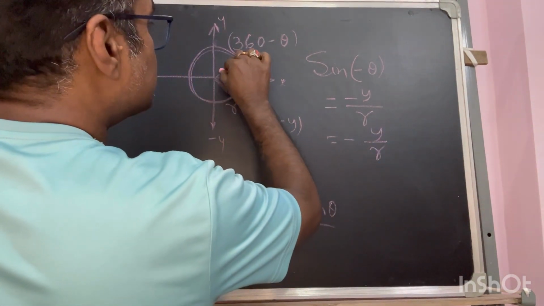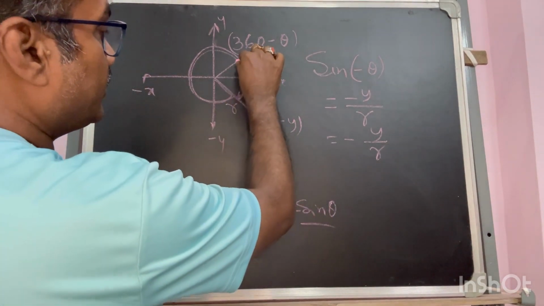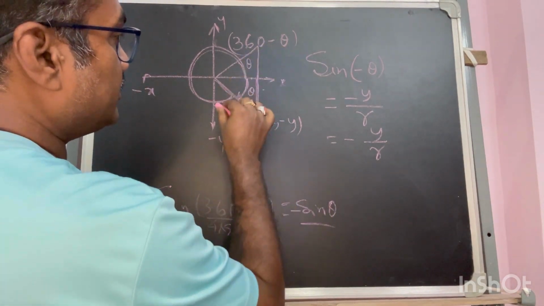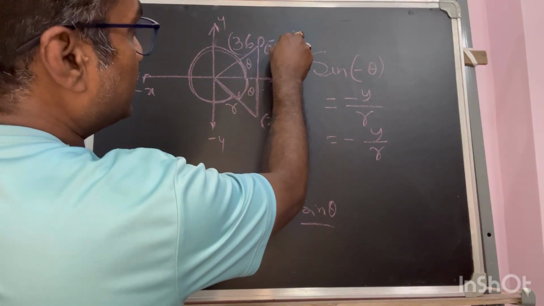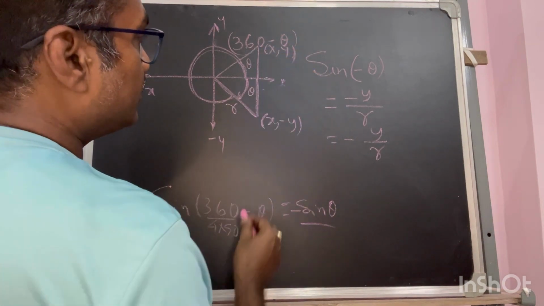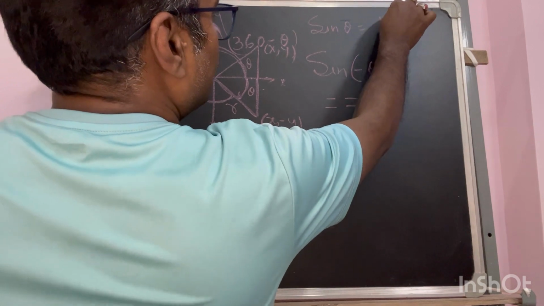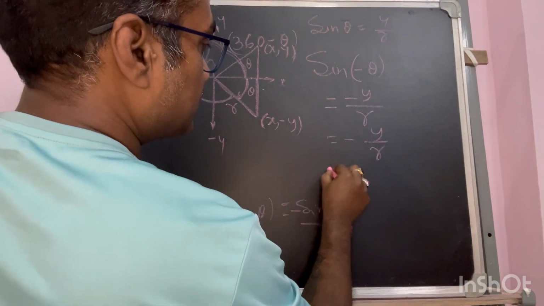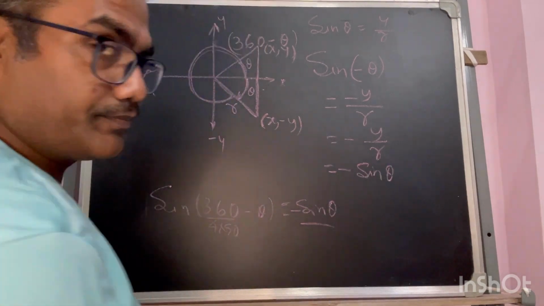Now if I take any angle theta in the first quadrant, and take sine theta, the opposite coordinates would be x and y. So in the first quadrant, sine theta is equal to y by r, and this is equivalent to minus sine theta here.